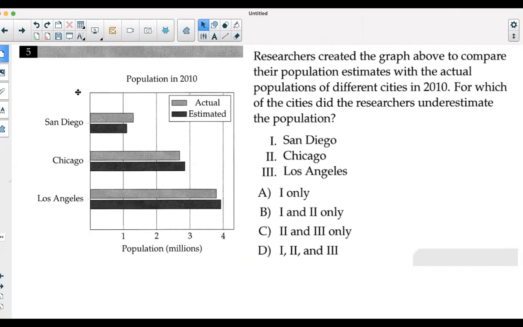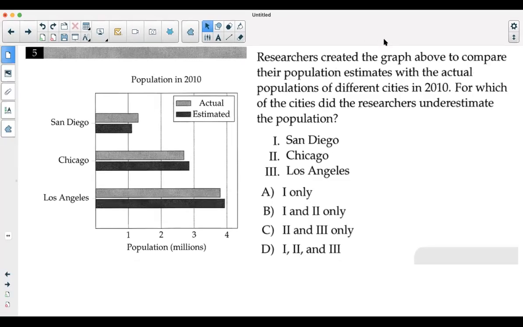So once again, don't forget, guys, in these types of questions, we get faster by reading slower.